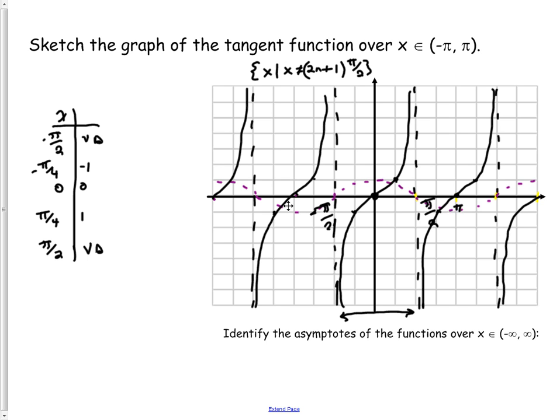Well, what kind of things could we characterize on this function? First of all, the vertical asymptotes are occurring at points that correspond to our domain, that is, values like negative 3 pi over 2, positive 3 pi over 2, negative pi over 2, and positive pi over 2.